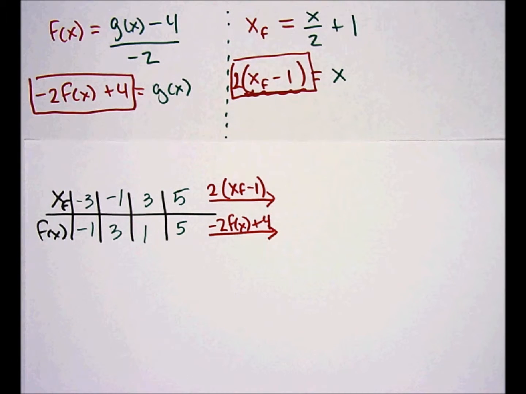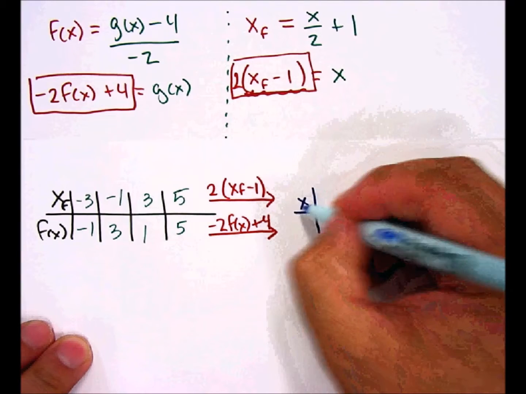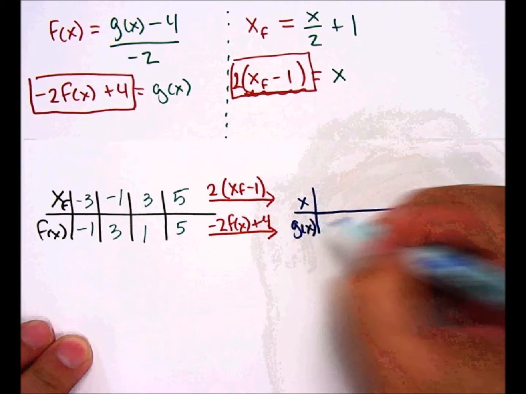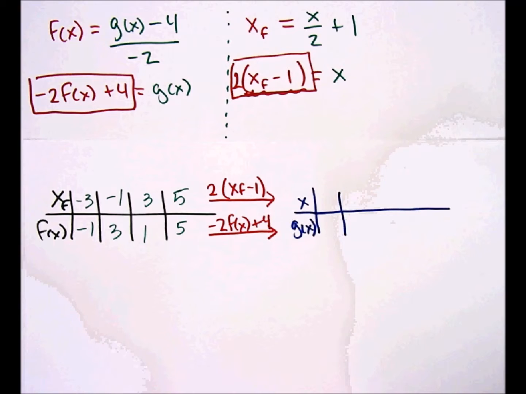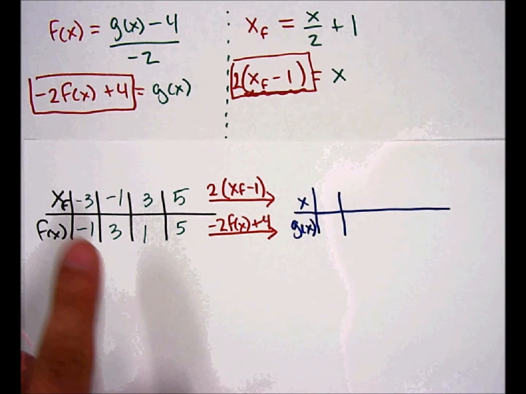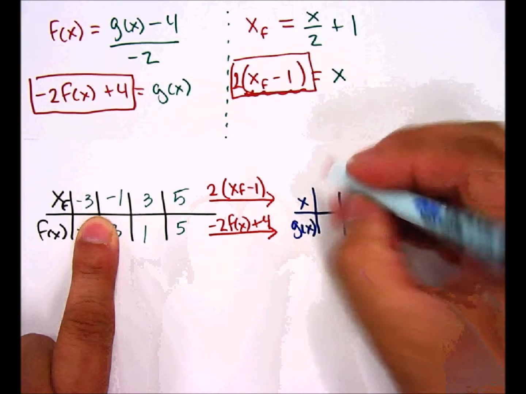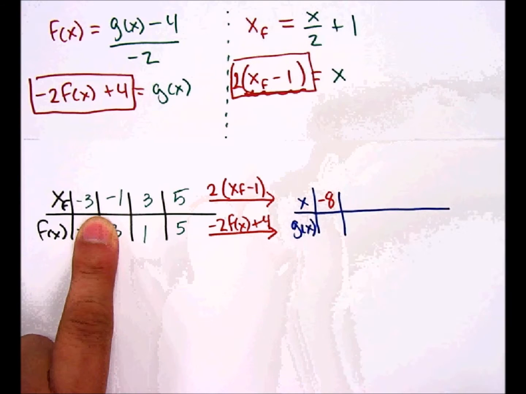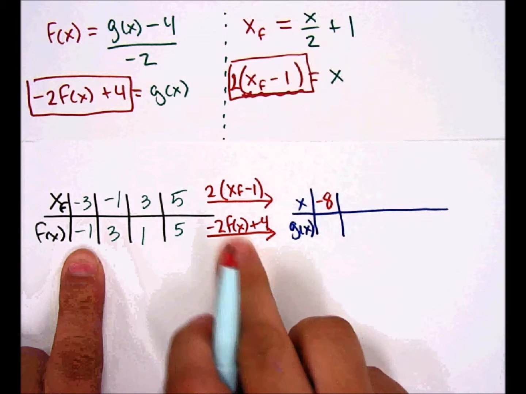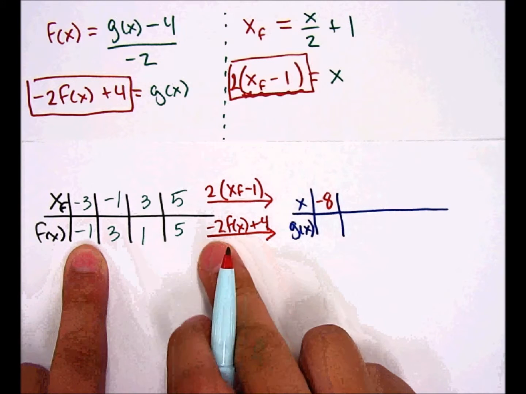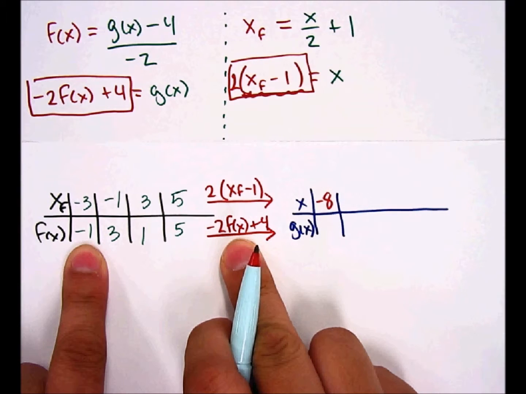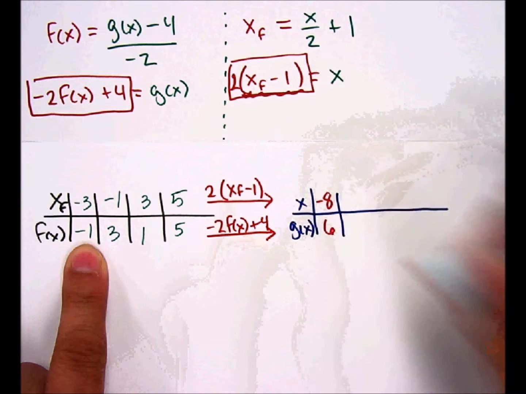This would give me the table for g of x. I'm going to walk through one and then I'm just going to give you the rest. So, -3 minus 1 is -4 times 2 is -8. On the bottom, negative 2 times negative 1 is positive 2 plus 4 is 6.